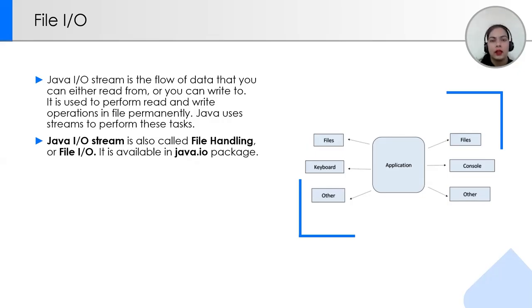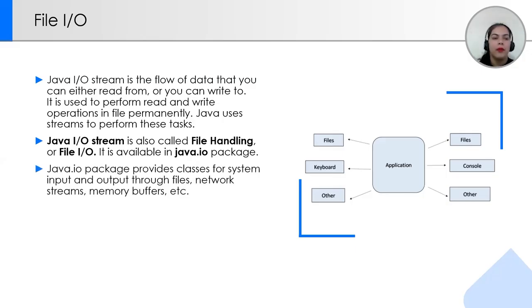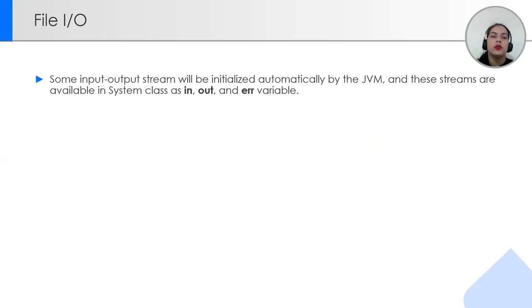And for file handling, we have a package in Java which is known as the input output package, that is the java.io package. The java.io package provides classes for system input and output through files, networks, and streams. Now some input output streams will be initialized automatically by the JVM, that is the Java Virtual Machine.